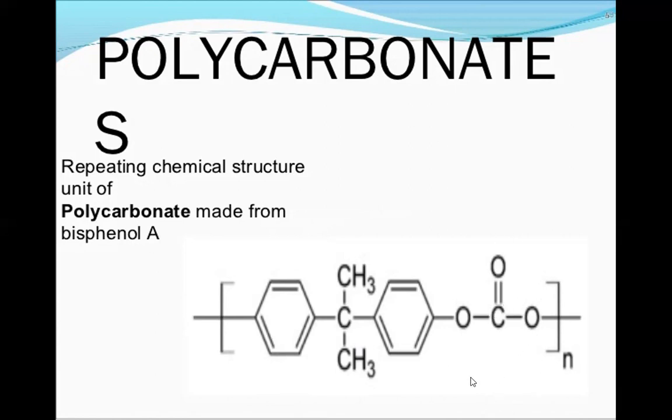It has the carbonate group in the chemical structure, and it also has the ester linkage, COO. Ester linkages are also there in the structure. So this is a repeating chemical structure or unit of polycarbonate made from bisphenol A.